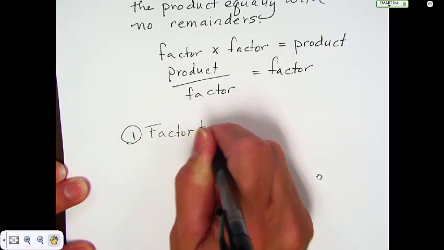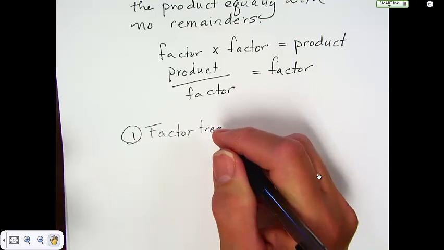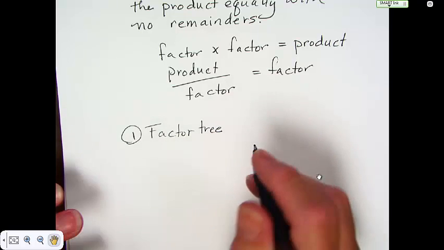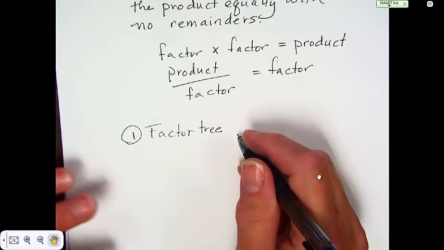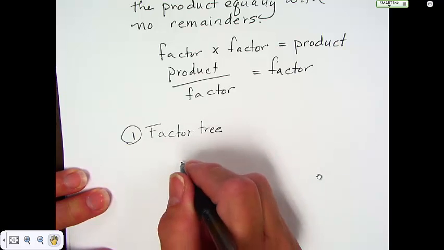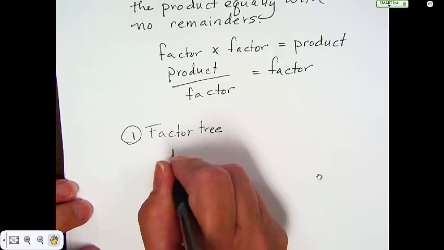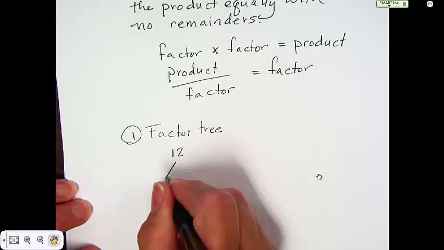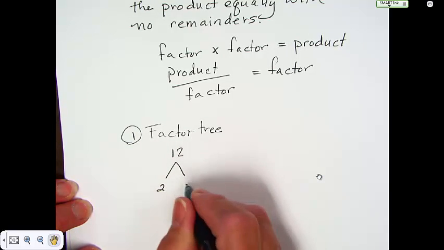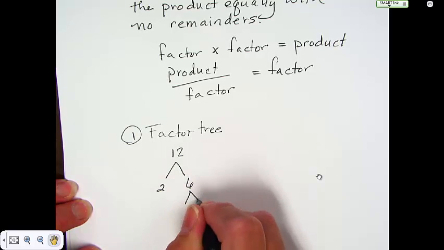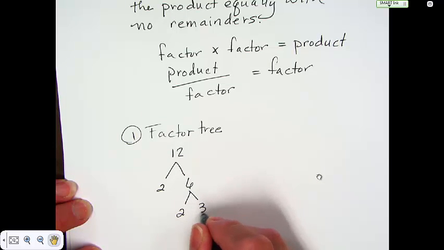Now, factor trees are great, and if you learn how to find factors with a factor tree, you are good. The only problem is that the factor tree doesn't find all the factors, it just finds the prime factors. So, for instance, if you had the number 12, you would go 2 times 6 and then 2 times 3.